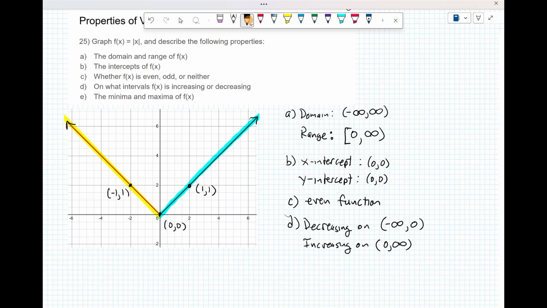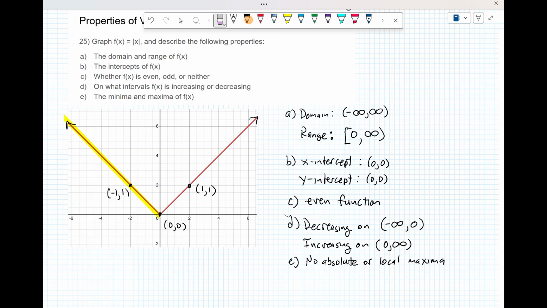All right, last, let's do maxima and minima. Is there any absolute maximum? There is no absolute maximum. The y values keep getting bigger and bigger. So there's no absolute or local maxima. I don't see any hill in this case. There is a valley, however, right?